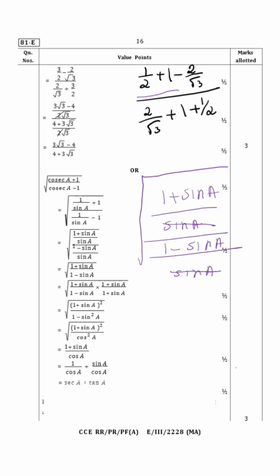Tan A. So this is equal to secant A plus tan A, which is equal to RHS. Hence proved. If any other alternate method is used to get the correct answer, give the full marks, not bogus. Okay.